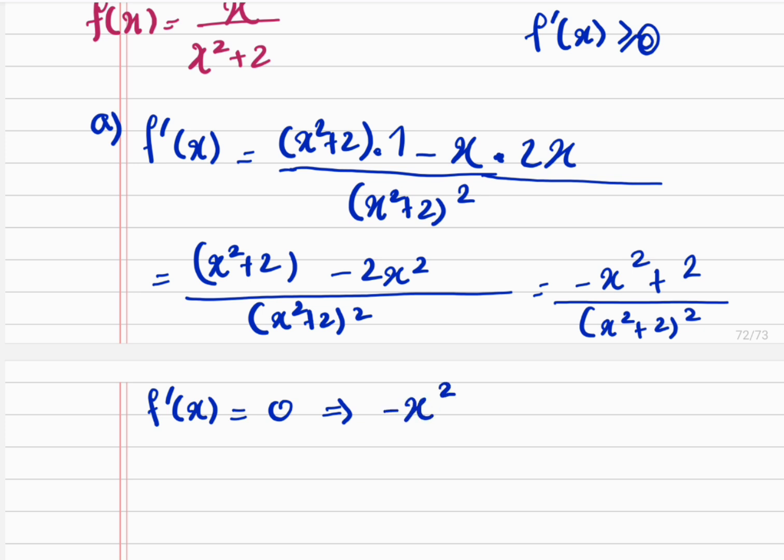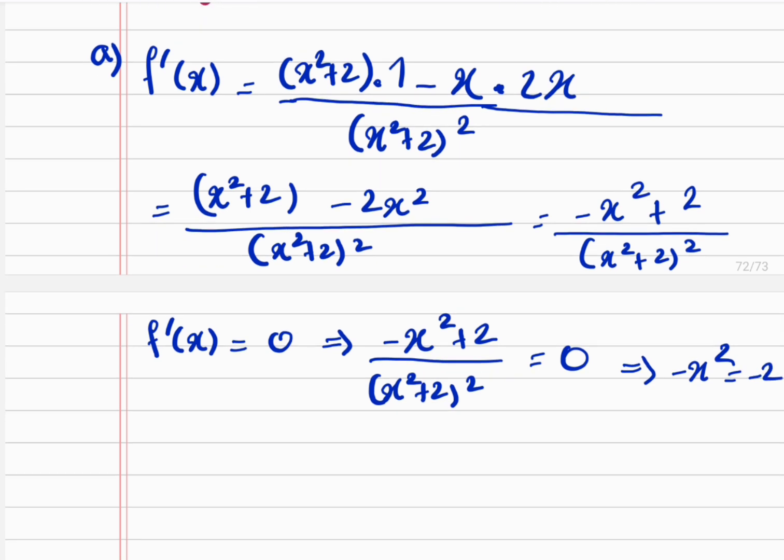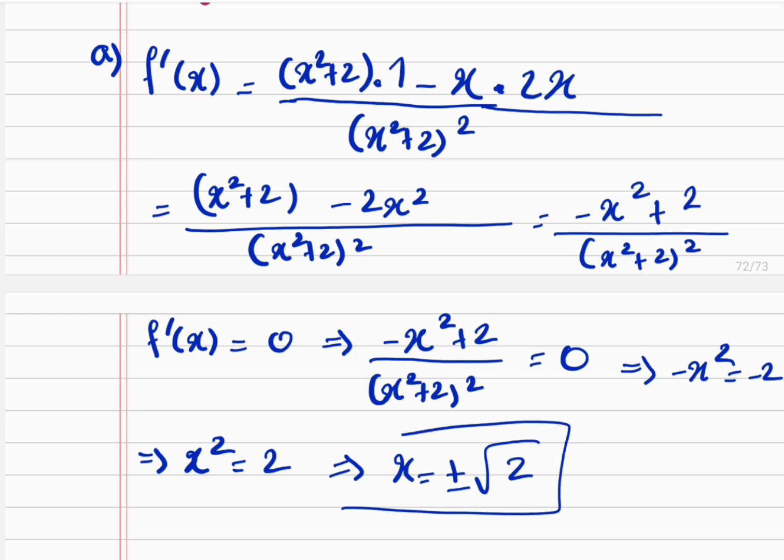So we have minus x squared plus 2 over x squared plus 2 squared is equal to 0. Then a cross multiplication gives us minus x squared is equal to minus 2. Then we can multiply both sides by minus 1 to get x squared is 2, which means x is equal to plus or minus the square root of 2.